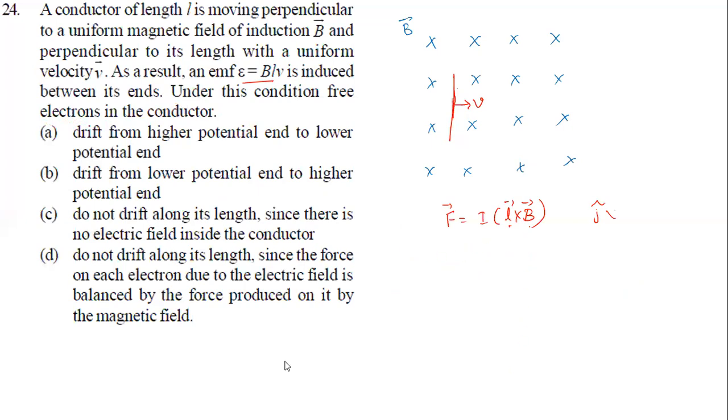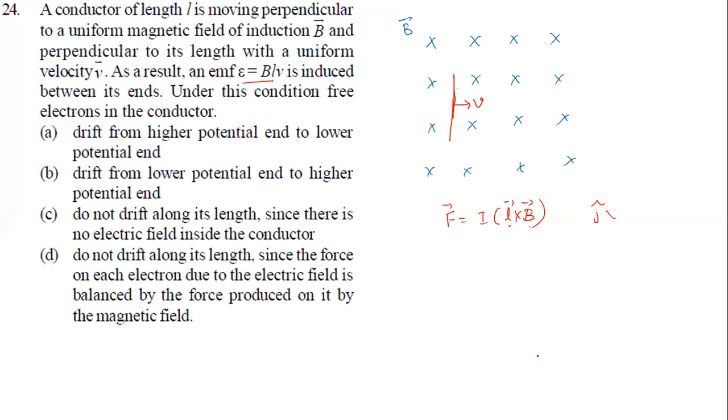V is along the X axis, it is I cap. B is into the board, it is minus K cap. So it will become minus of I cross K. I cross K becomes minus J.